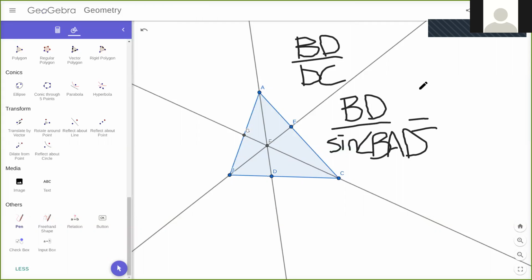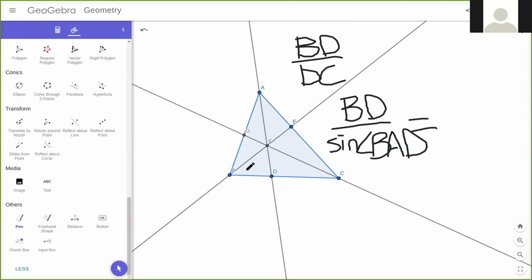If you have a question, you can send it to chat, and you can also ask Naveen. By the law of sines, we have BD over sine BAD equal to AB over sine BDA, and it's also equal to AD over sine ABD. Out of these, which part of the law of sines do we want to use?